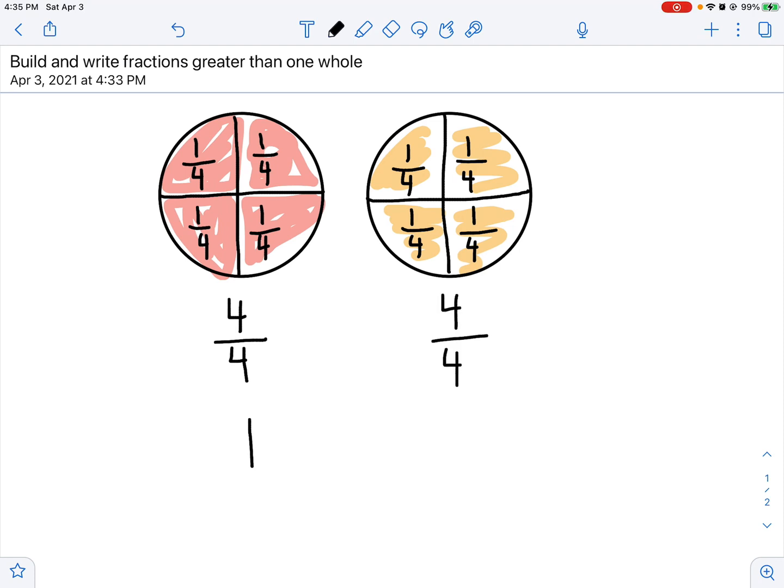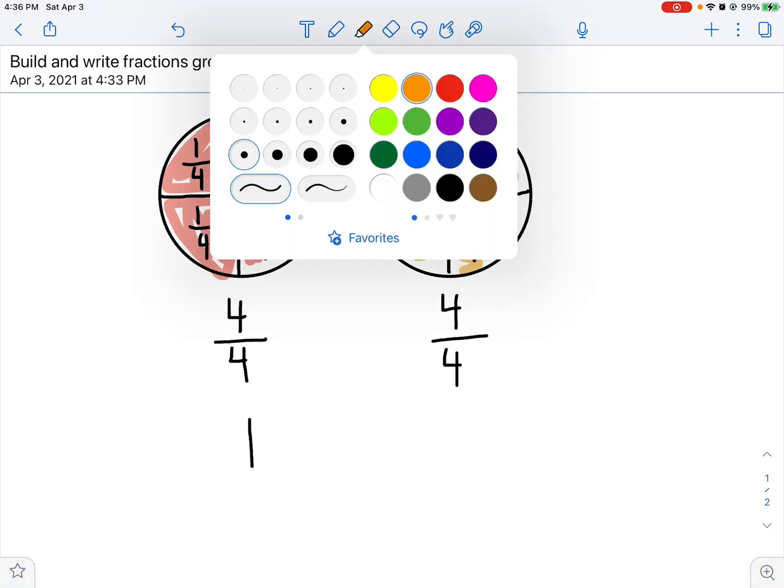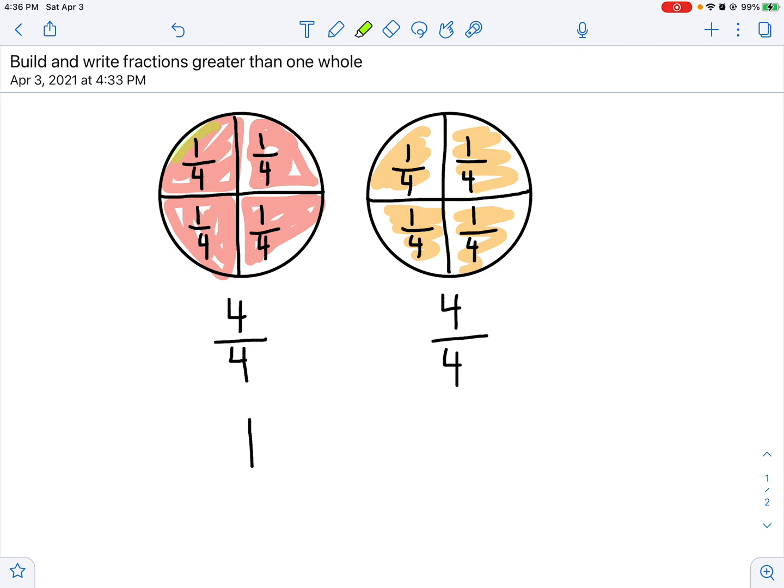If I asked you how many fourths I have all together, we could simply count them. If I take my green highlighter, we can count 1/4, 2 fourths, 3 fourths, 4 fourths, 5 fourths, 6 fourths, 7 fourths, 8 fourths.